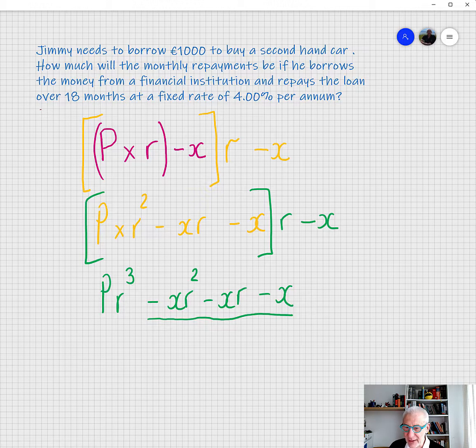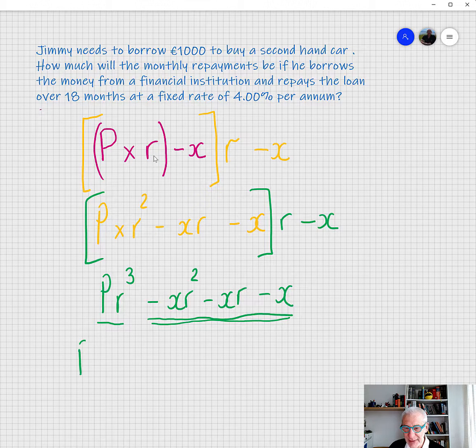On this side, you've got the principal being increased regularly by the interest rate. So it's in two parts: the part where they are adding on interest and the part where you are making payments to reduce the balance on the loan. Let's work with this second part. Let's pull out the negative X that we can see.